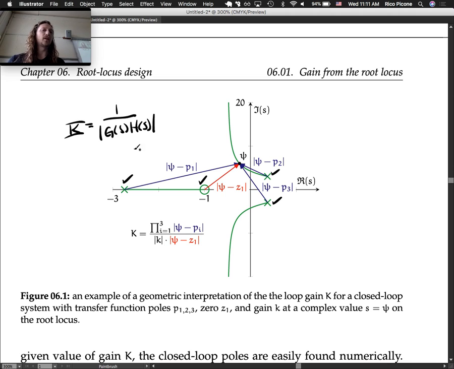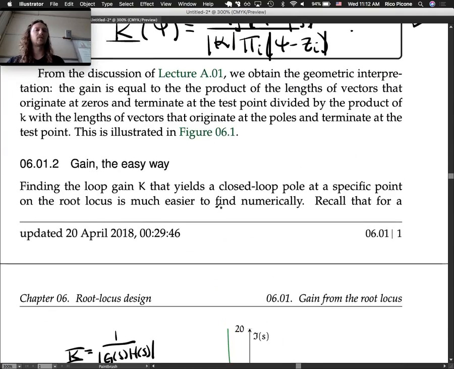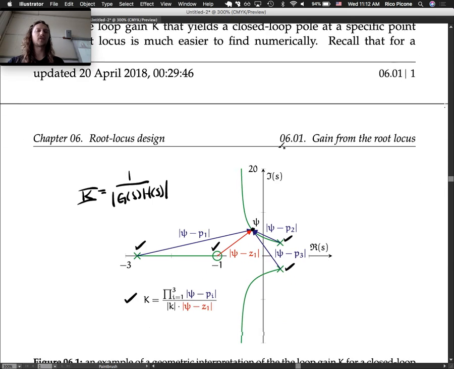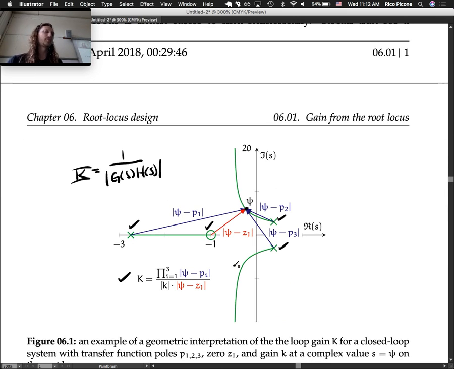one way to do this, for test points psi that show up on the locus, is to take vectors that originate at each of these open loop poles and zeros and terminate at psi, our test point, find the lengths of each of them and plug it into this formula, which is the one that we drew up here, 6.3, for this specific example.